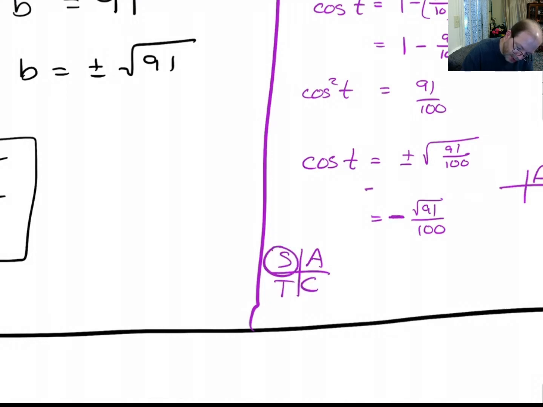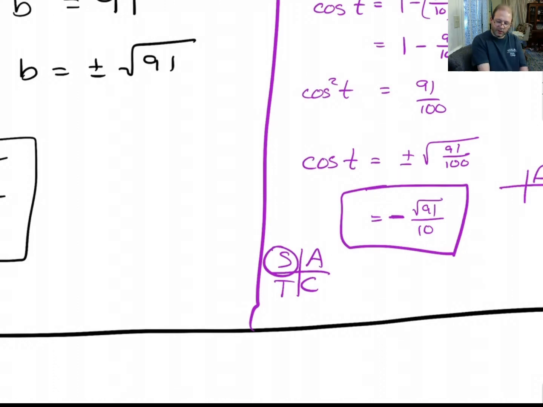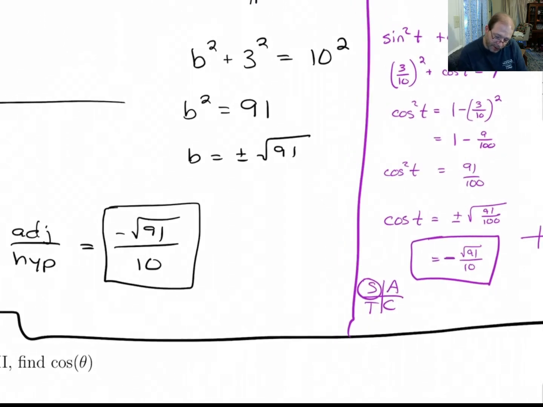So we choose the negative one. And that's our answer there. That bottom should be over 10 instead of over 100, since I take the square root of 100 on the bottom. So that's two different ways you could do this problem, and both of them are fine.